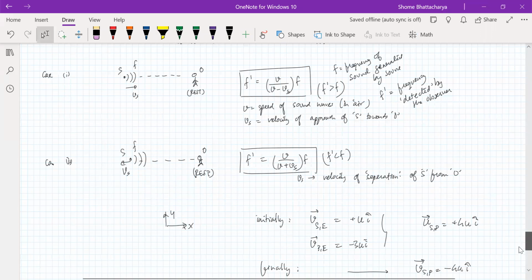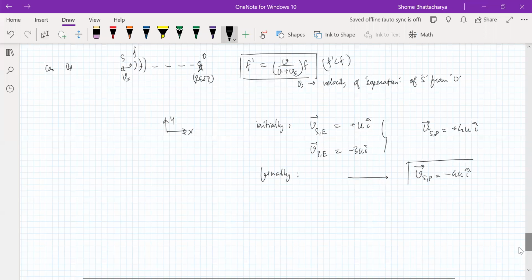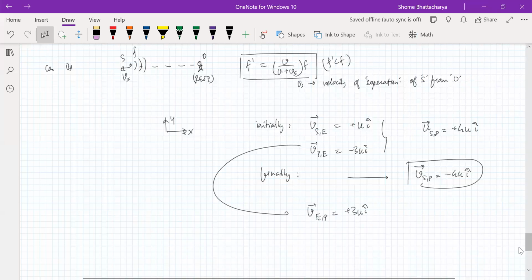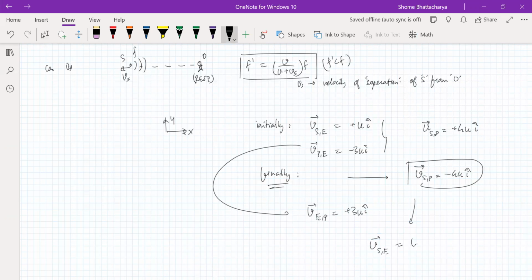Now I also know that the velocity of Earth with respect to the planet is plus 3u i cap. So the velocity of the spacecraft with respect to Earth in the final situation will be the velocity of the spacecraft with respect to the planet minus the velocity of Earth with respect to the planet. So it becomes minus 7u i cap.